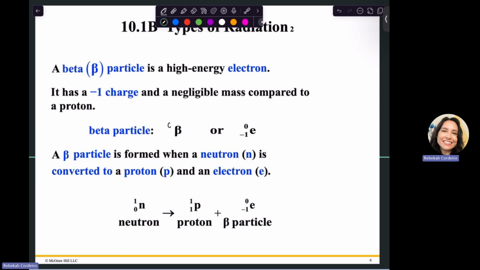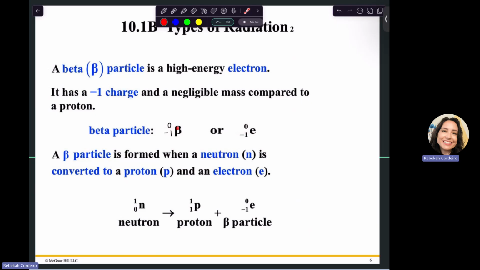For a beta particle, we have a mass of 0 because electrons have essentially no mass, and it has a -1 atomic number because it's like the opposite of a proton. A proton would be positive 1, so here we have -1. It has no mass compared to protons. This is true of any electron.